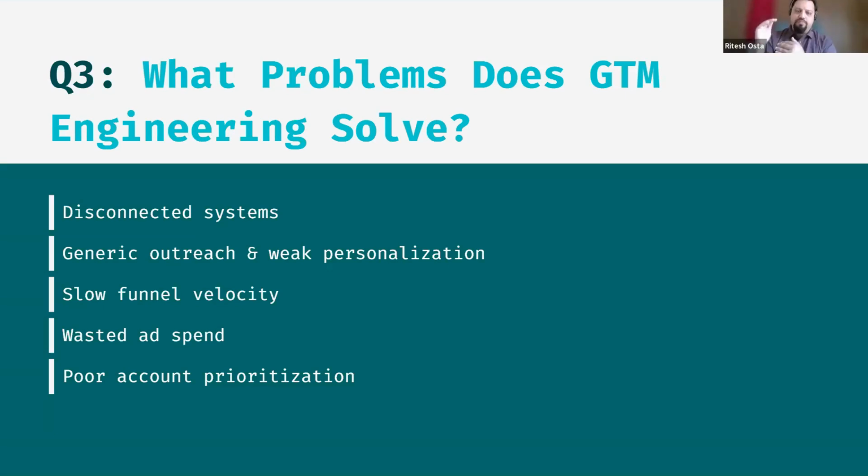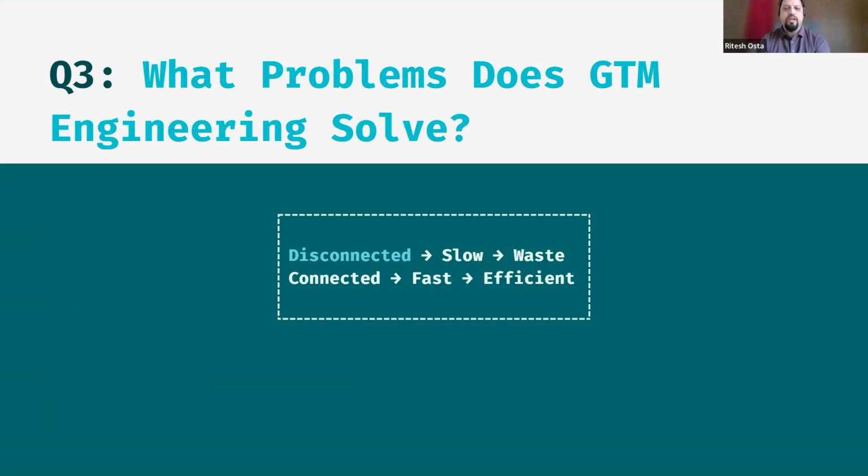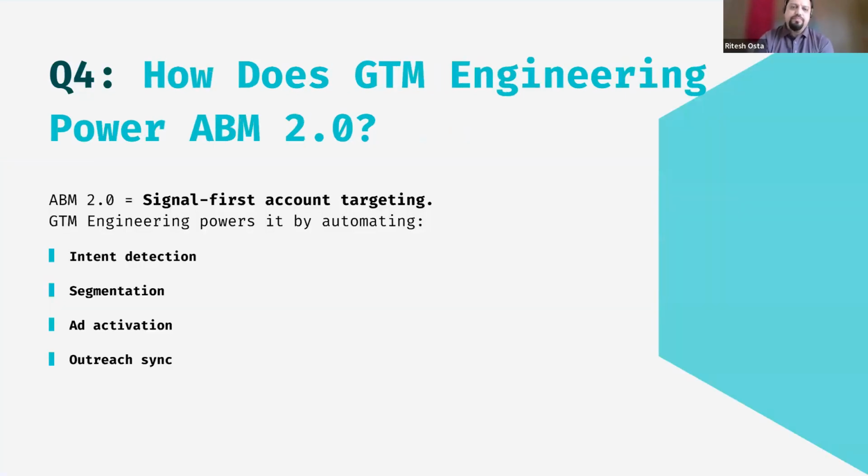So even from the prioritization point of view, it's going to help you. So these are the technical problems that GTM engineering solves. Once you solve the technical problem, you've got to come up with strategic use cases to go to the next level. So this is what we solve in terms of technical problems. Disconnected, slow, wasteful becomes connected, fast, and efficient.